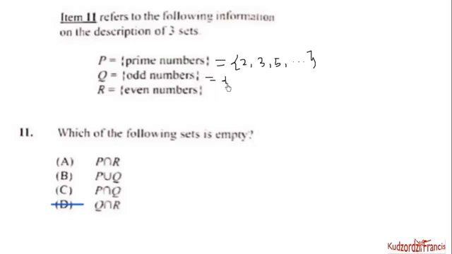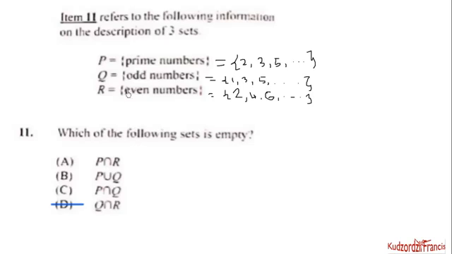The odd numbers start from 1, then we have 3, we have 5, and so on. Then we also have the even numbers. You can start from 0 or 2. So 2, 4, 6, and so on. So this is enough for us to answer this question.